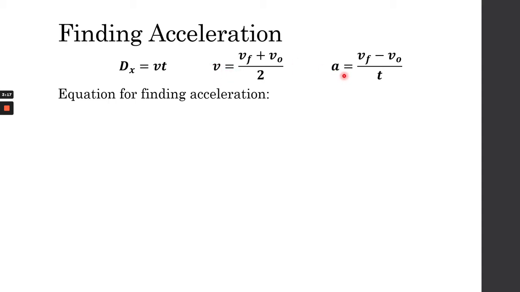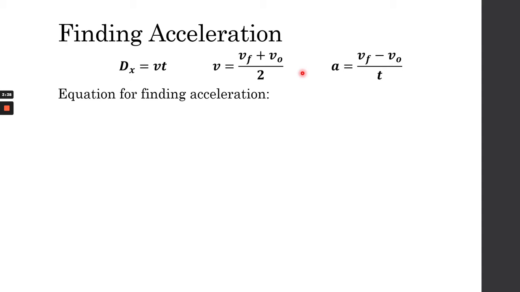Moreover, we know that acceleration is equal to the final velocity minus the initial velocity divided by time. By mixing these equations, we can find an equation that we can use if we want to find acceleration. So how are we going to do that?